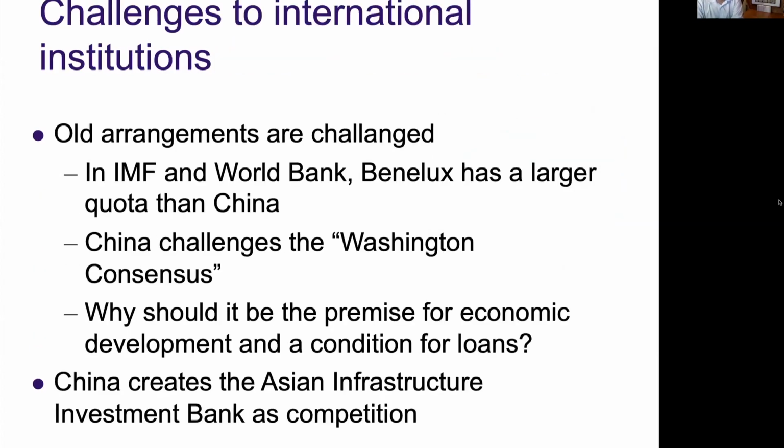So we can also change the challenges to these kind of international institutions. On the one hand, we have this kind of reflection of the power shift on the economic terms. Does it really also reflect the power shift within these international organizations?